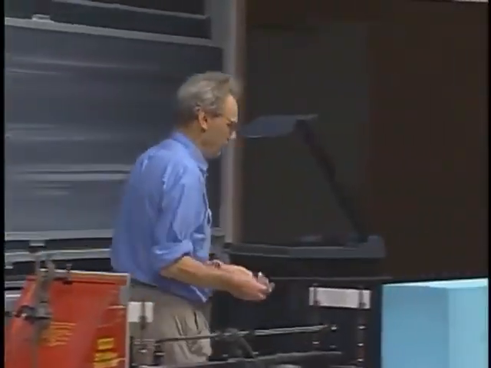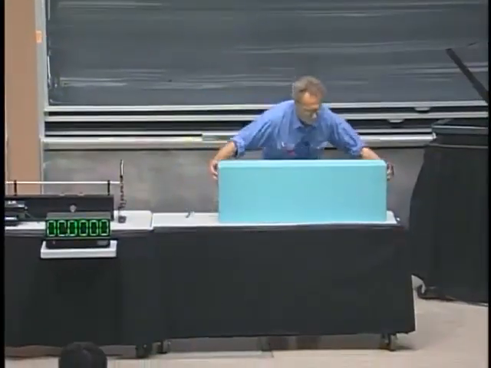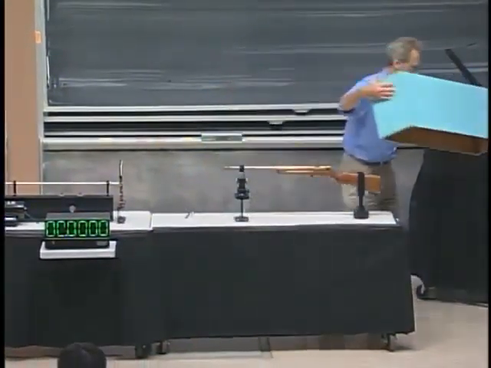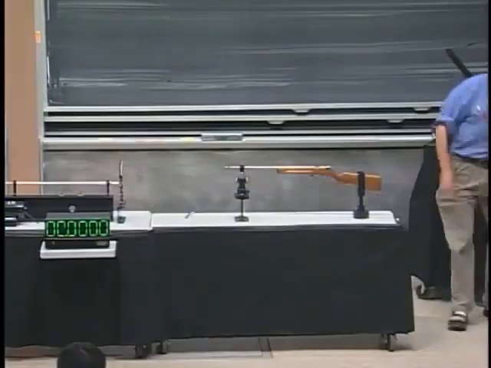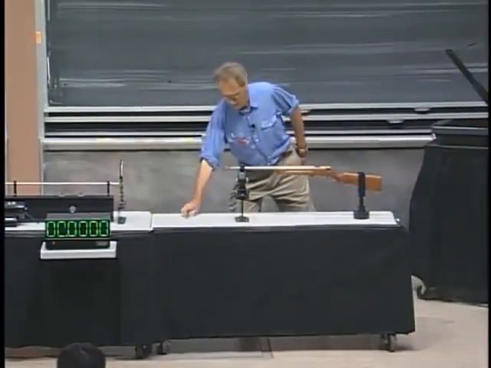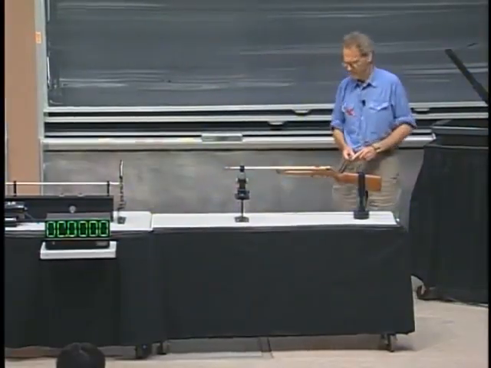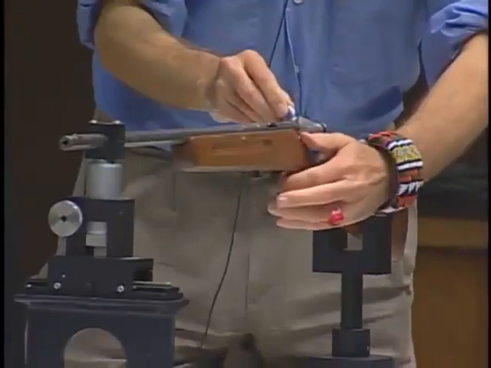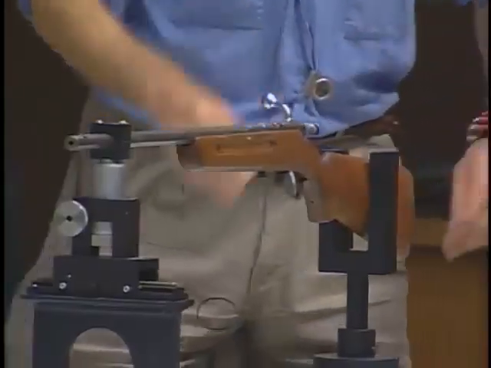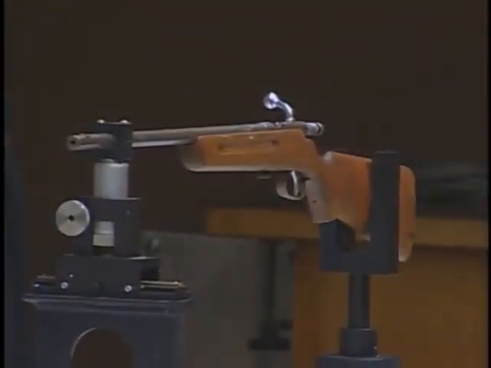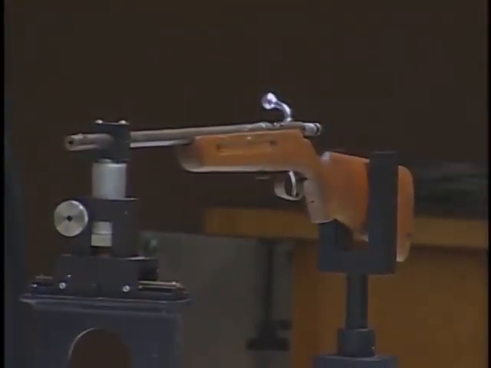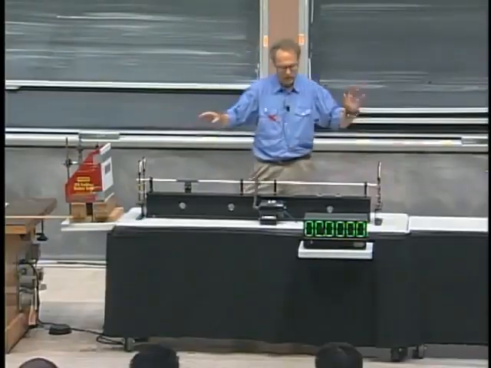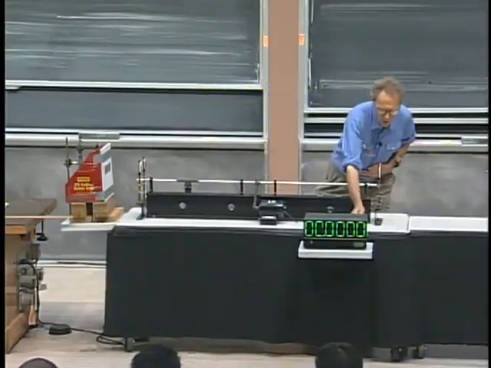This is the bolt. There we go. Here's the bolt. There we go. It's in place. Before I do that, I want to check the circuit. I want to make sure that the electronic circuit is properly working.